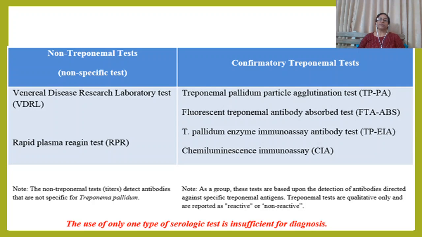These tests are based upon the detection of antibodies directed against specific treponemal antigens, and so they are important in the diagnosis. Treponemal tests are qualitative only, that is, one cannot measure the quantity of organisms or antibodies present in the patient's blood. They just detect whether the antibodies against treponema are present or not. They respond as reactive or non-reactive and not quantitative.